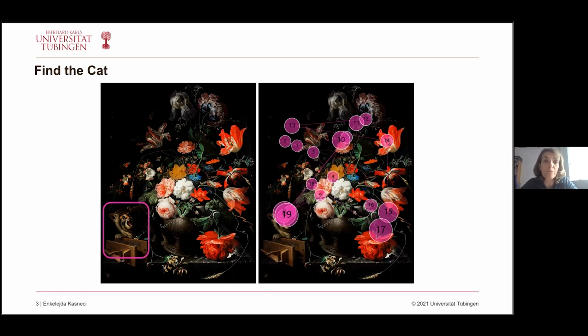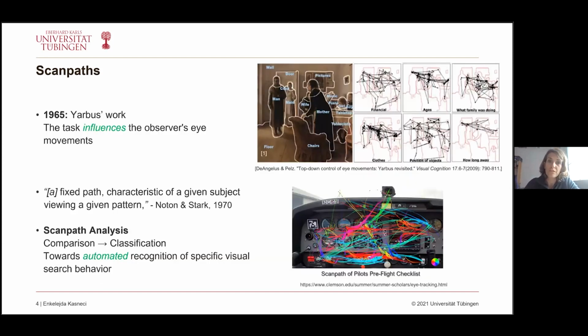And indeed, we tracked here 19 fixations, so steady eye movements, to get to the location of the cat in the image. As you can see, this search that a person does in space and time can reveal a lot about our actions, intentions, and activities we are involved in. So throughout this talk, we will talk about the concept of the visual scan path.